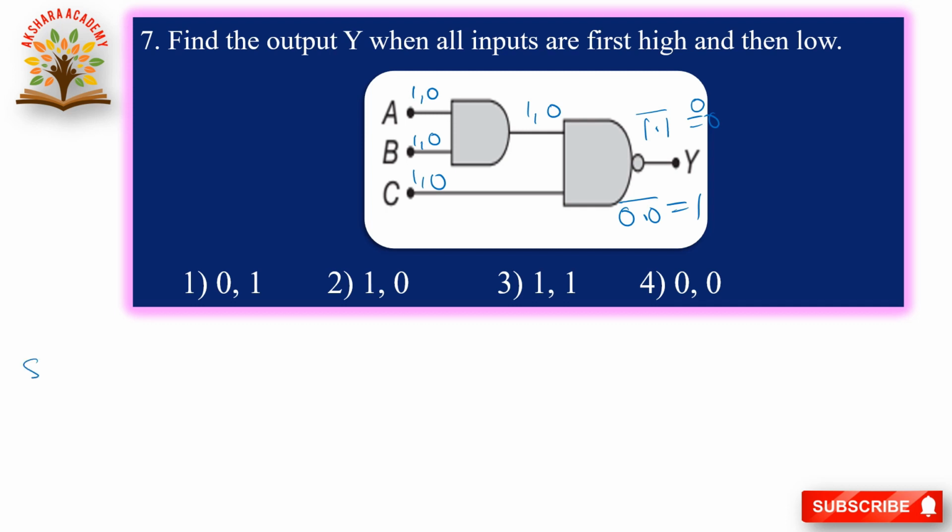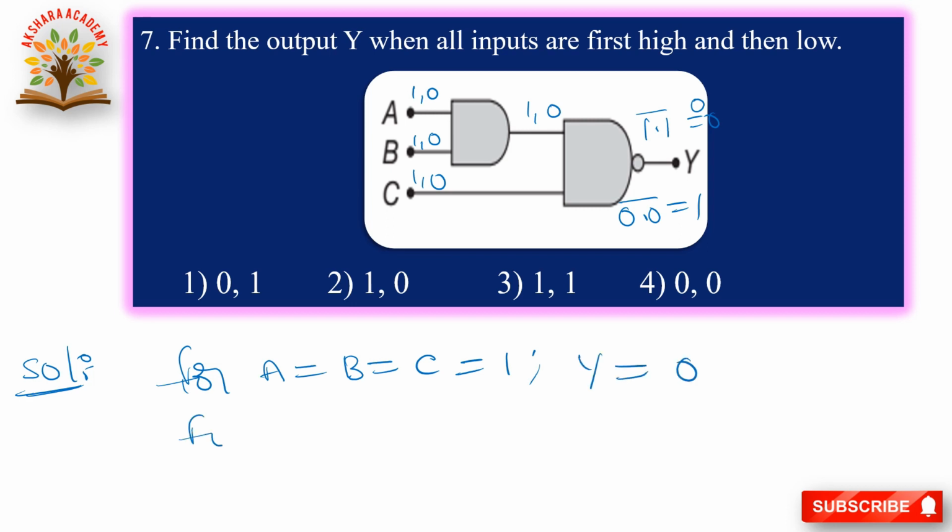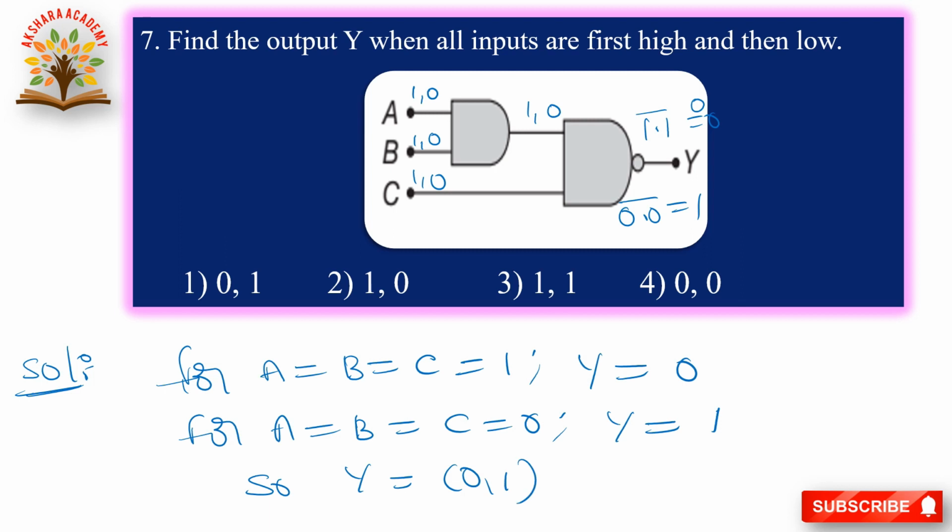Now let us go to the solution. For A = B = C = 1, Y = 0. For A = B = C = 0, Y = 1. So Y is 0 comma 1. Okay, next we will go to the next question.